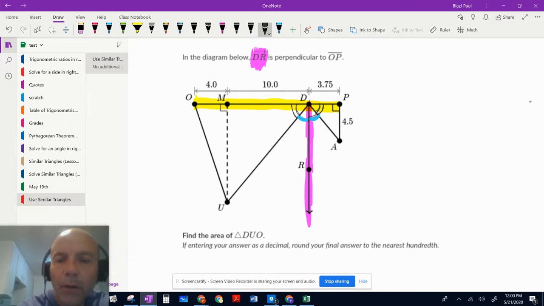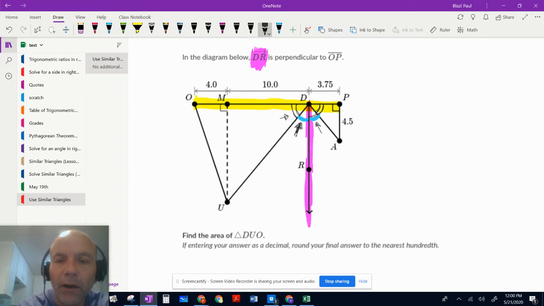Think about that. If this plus this equals 90, so if this angle and this angle equals 90, they would have to equal the same thing, wouldn't they? Since this angle is the same as this angle, right?